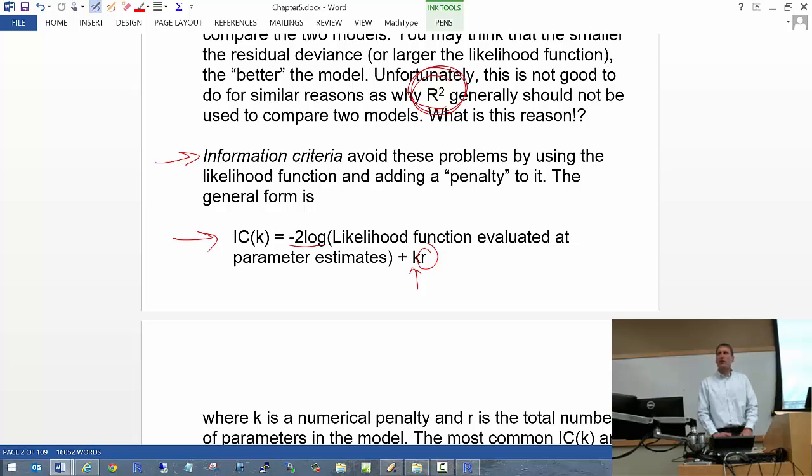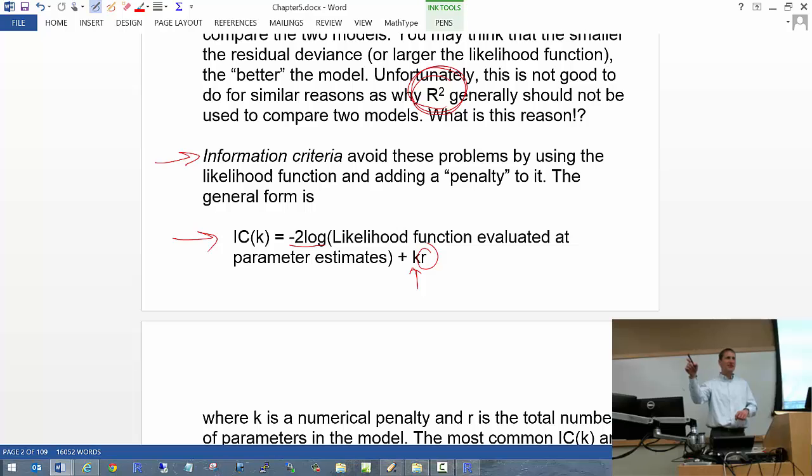Okay, so if the likelihood function keeps on going up, that says your model's better, right? So what happens in the log likelihood function? Is it higher the better or lower the better? If you take the log of the likelihood function, for those of you who know your math, it's a monotone transformation.